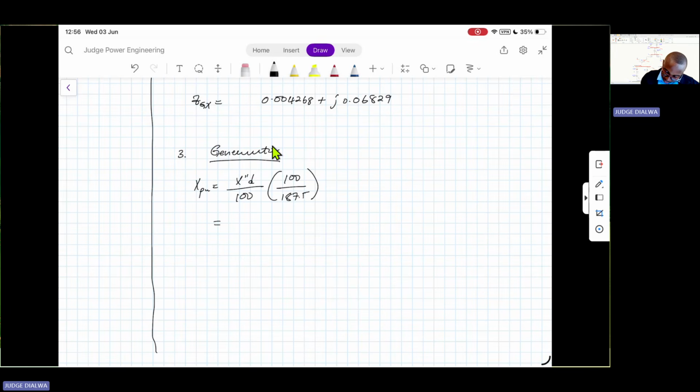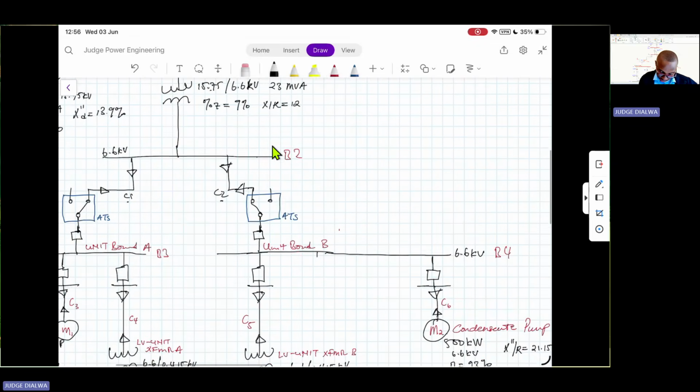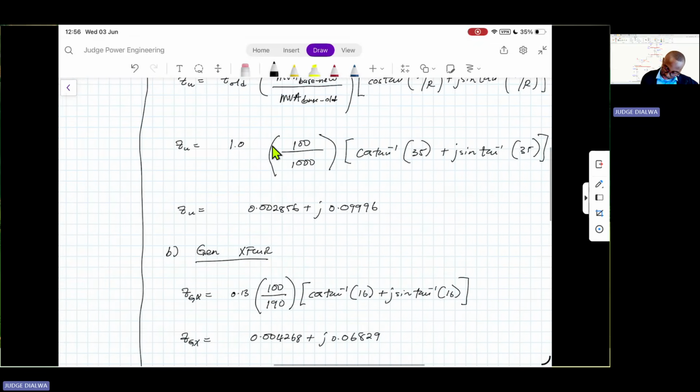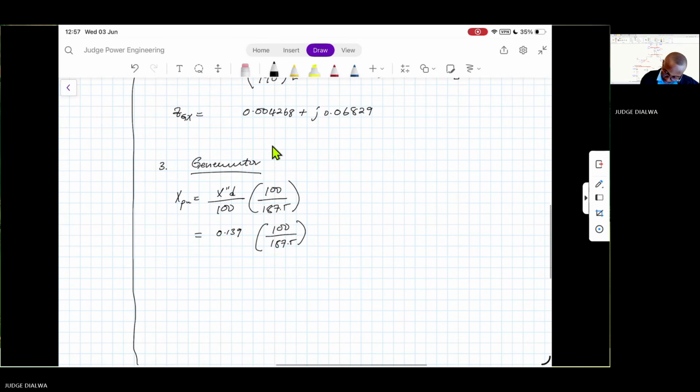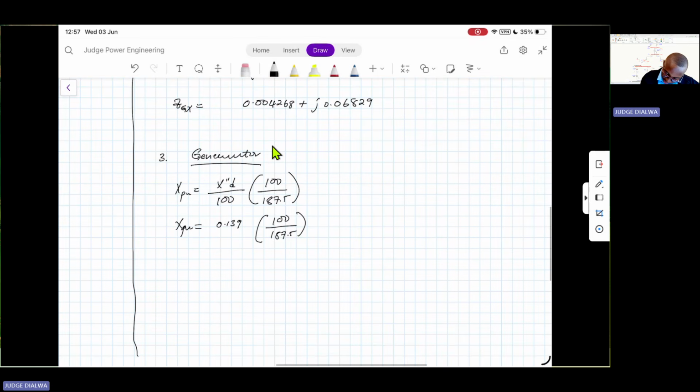So we have our subtransient reactance is 13.9, so that would be 0.139 times 100 over 187.5.